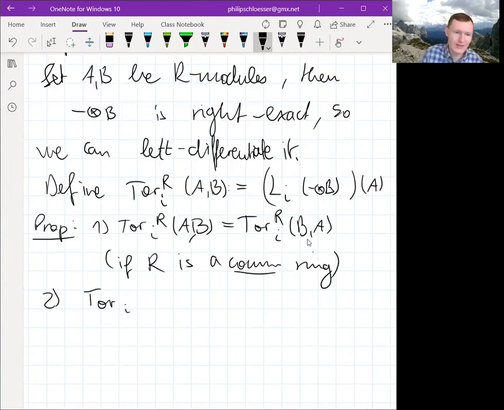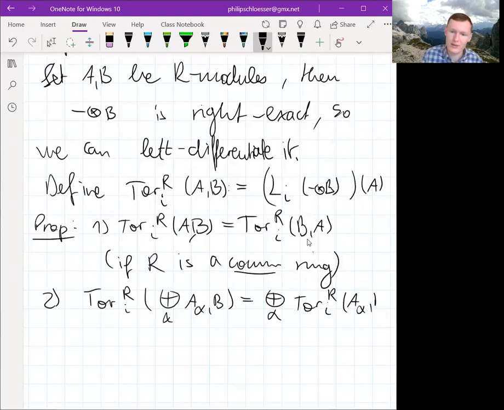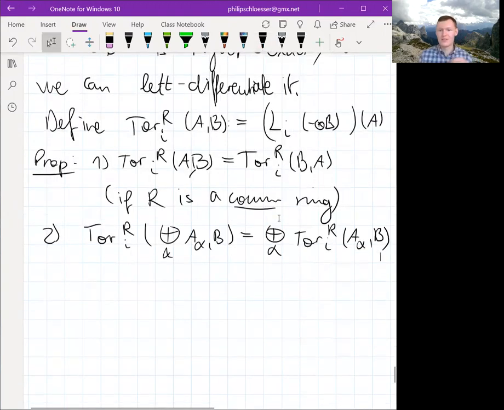And secondly, something about how to deal with direct sums, and this again is more or less due to the fact that this all holds for the tensor product. And thirdly, the long exact sequence stuff.